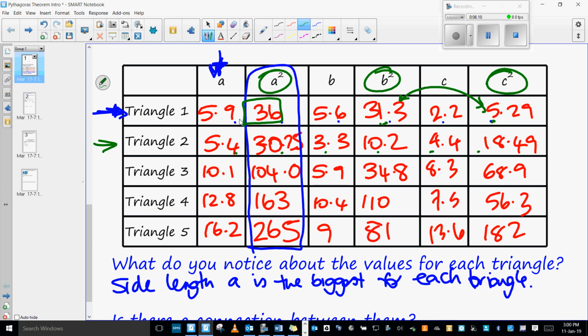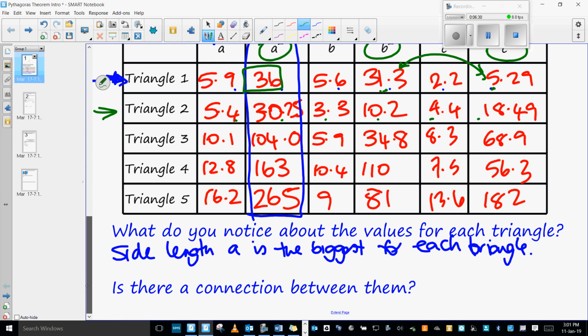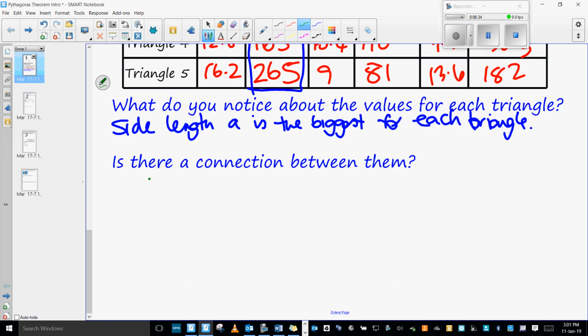You roughly get 104. What about these ones? You'd roughly get 100. What about this one? You roughly get 265. That's excellent. So is there a connection between them? You roughly get the numbers.